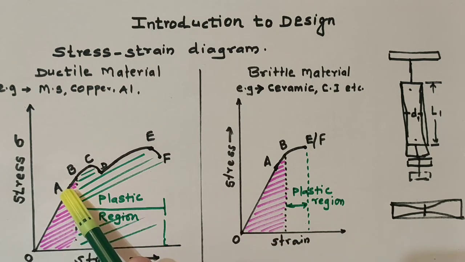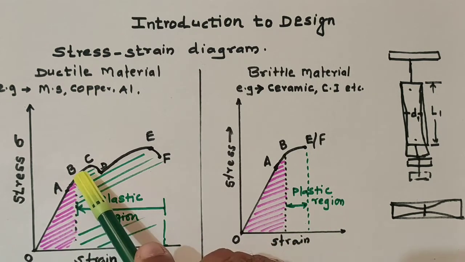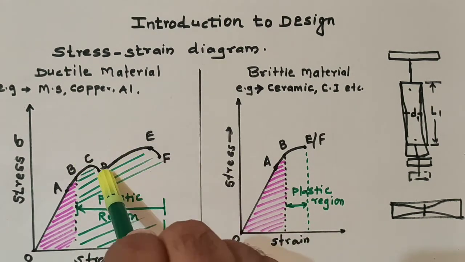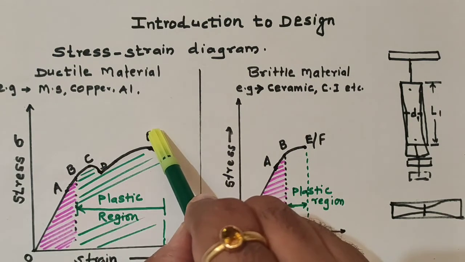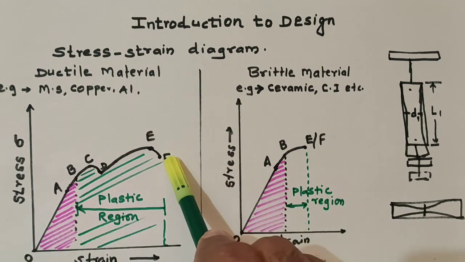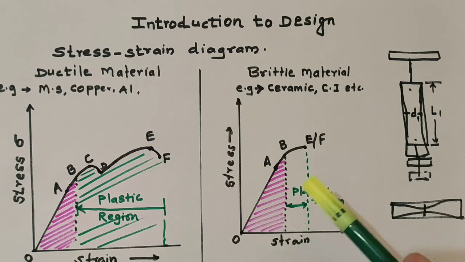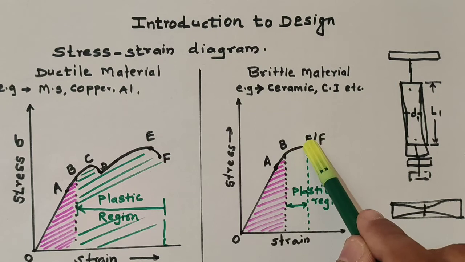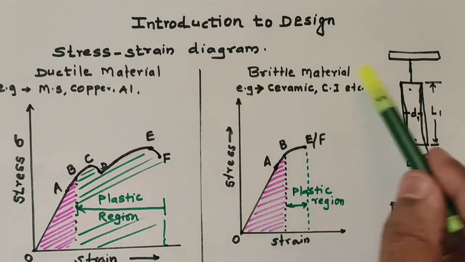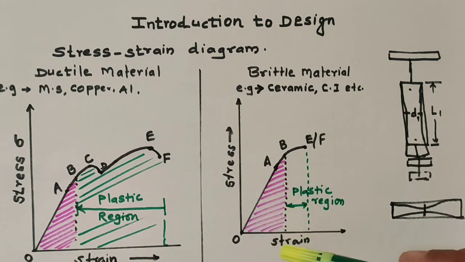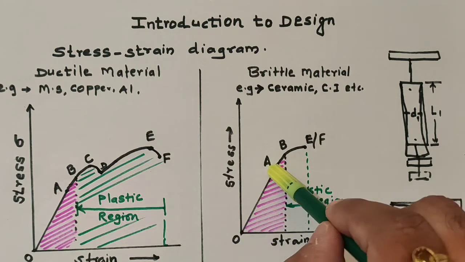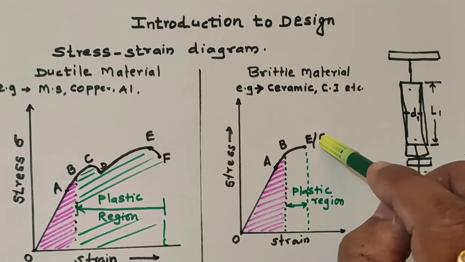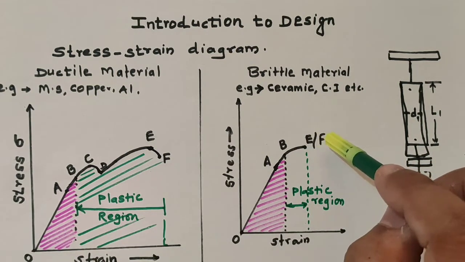So A is the proportional limit, B is the elastic limit, C is the upper yield point, D is the lower yield point, E is the ultimate stress, F is the breaking stress. For the brittle material we will not observe the yield, so we get directly the ultimate tensile stress. So in the brittle material stress strain diagram, A is the proportional limit, B is the elastic limit, and F or E point is the breaking point or ultimate tensile stress.